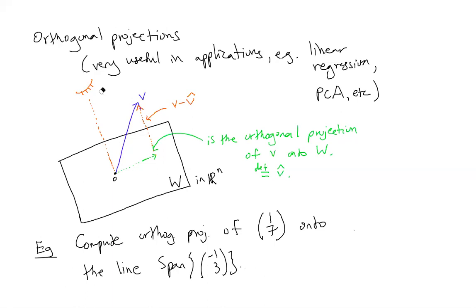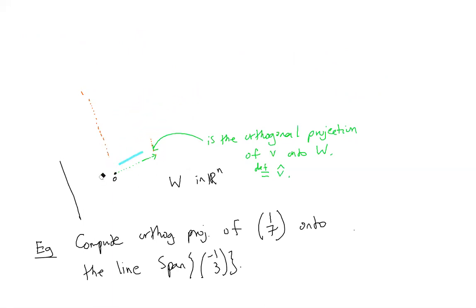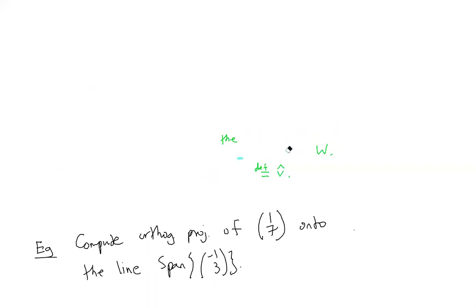So now I'm going to erase this so I can draw a smaller picture. Now W is a single line, so I'm going to redraw this as a line. I'll try to draw it to scale too. Let me draw my normal coordinate axes.